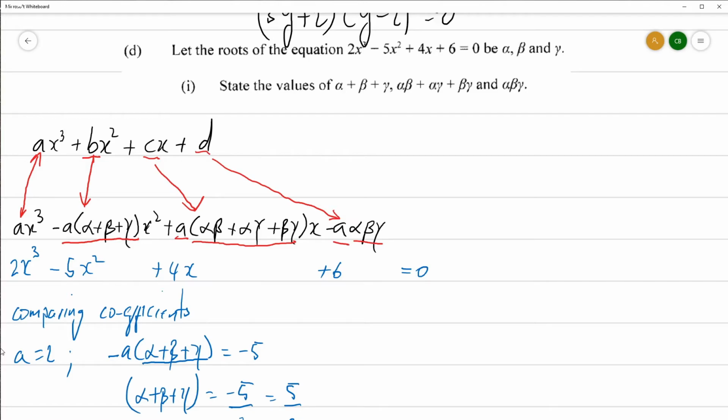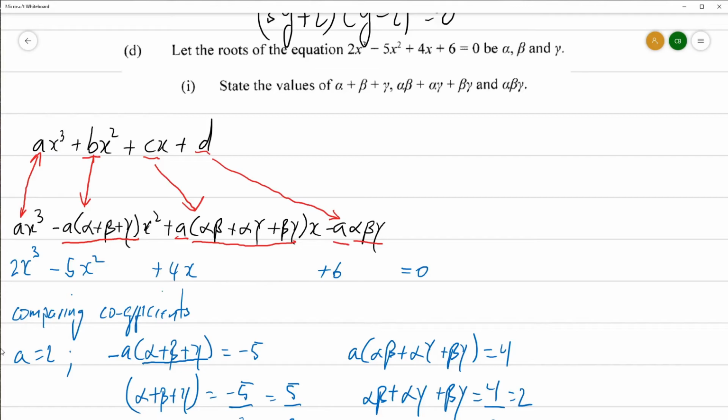Next, we are asked for alpha beta plus alpha gamma plus beta gamma, which is this expression here with just an a in front. So a times alpha beta plus alpha gamma plus beta gamma is equal to 4. So alpha beta plus alpha gamma plus beta gamma is equal to 4 over 2, which is 2.